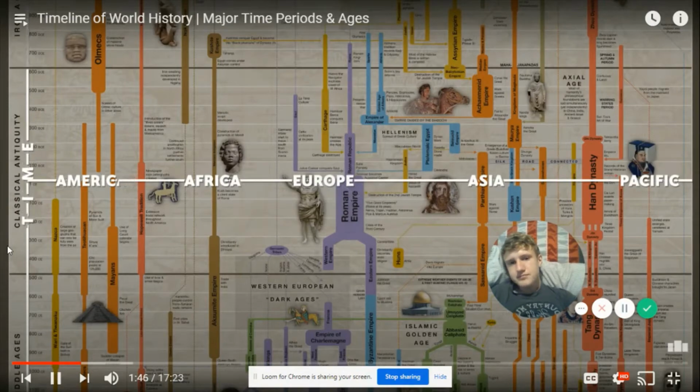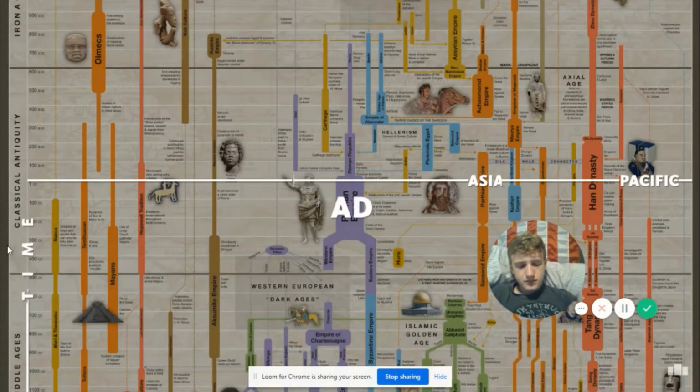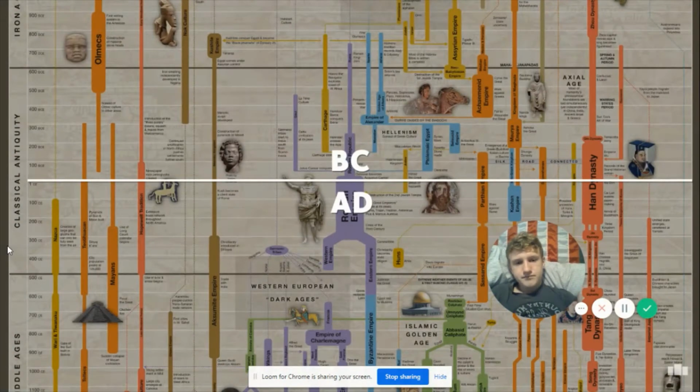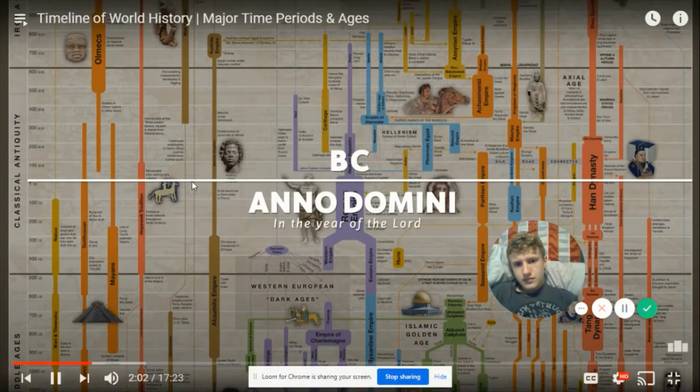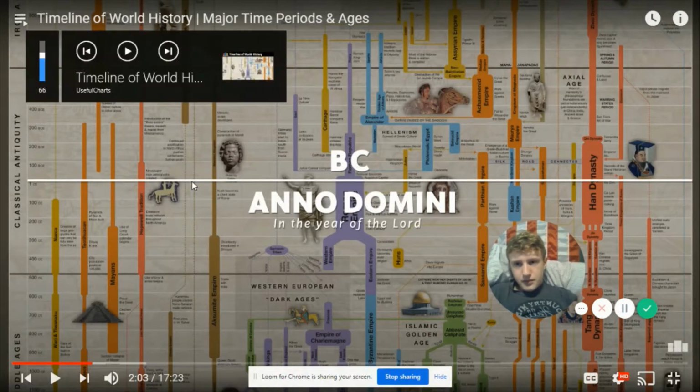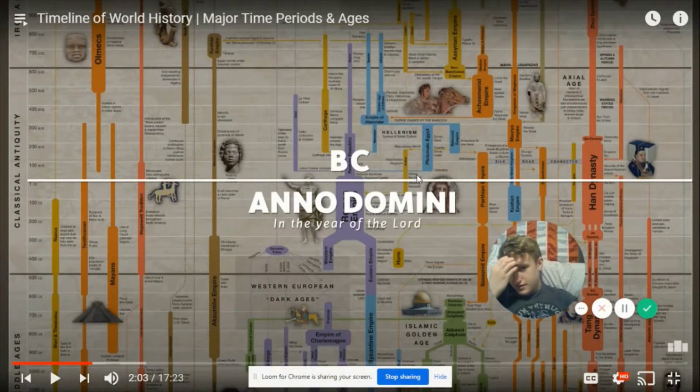The next thing we need to talk about are the terms AD and BC, and their equivalents CE and BCE. AD means Anno Domini, which is Latin for in the year of the Lord. Basically, it's meant to measure the years from the birth of Jesus. Yeah, I remember I used to think it meant after death, since BC is before Christ.